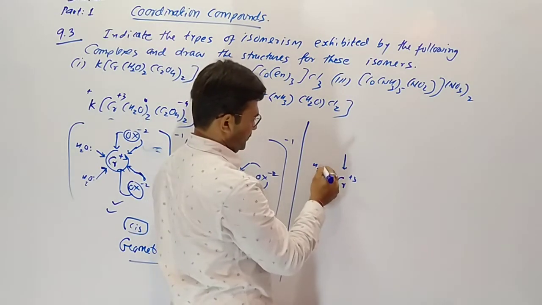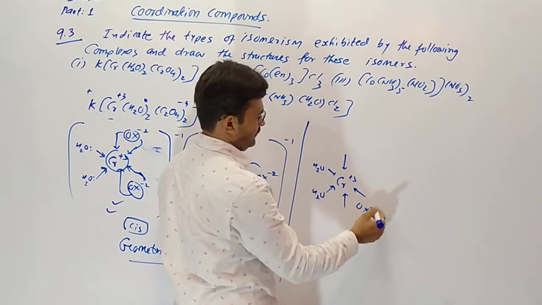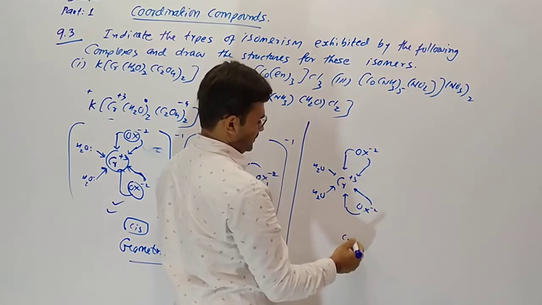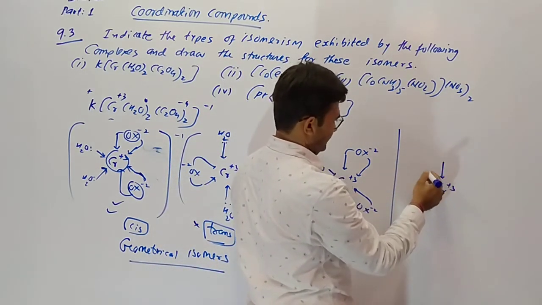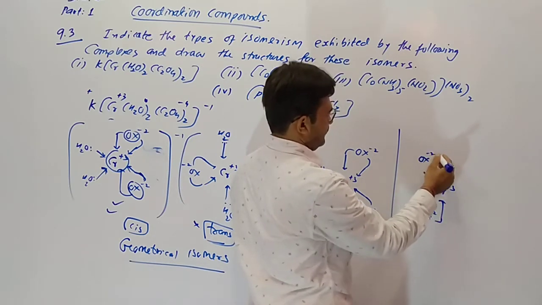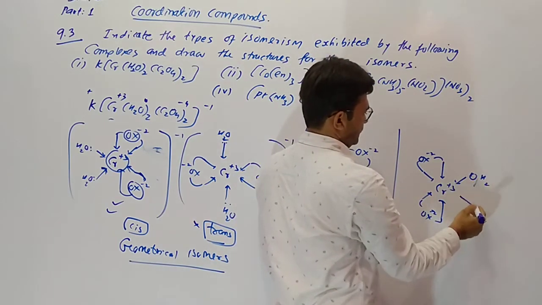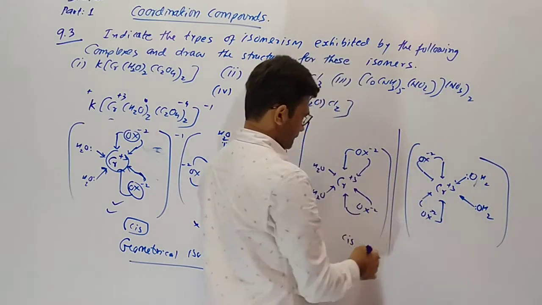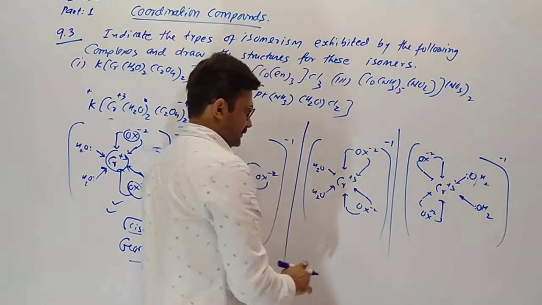Cr plus 3 here with 2 H2O and 2 oxalate. This is our cis isomer, and this is its mirror image. One of them should be dextro and another one levo.